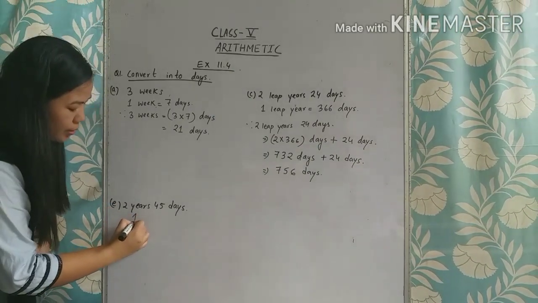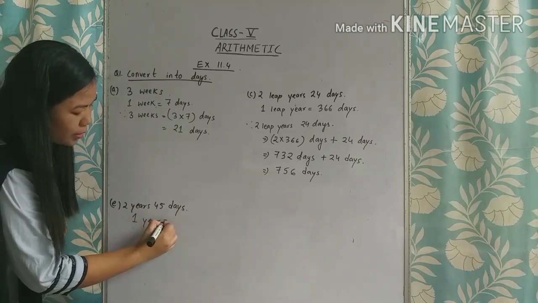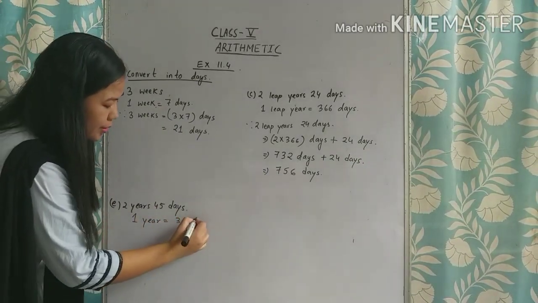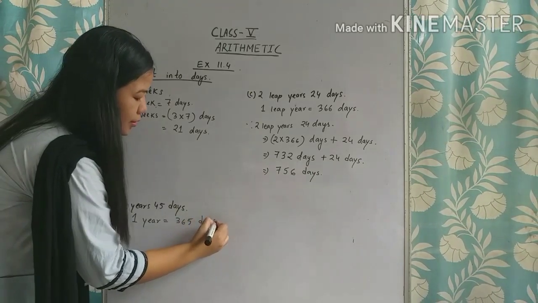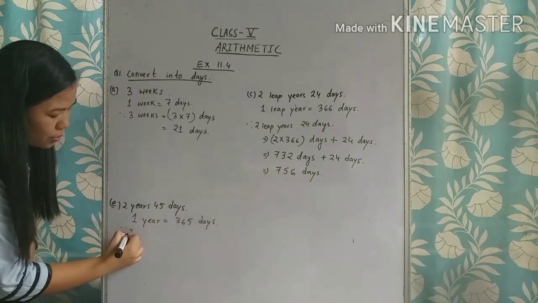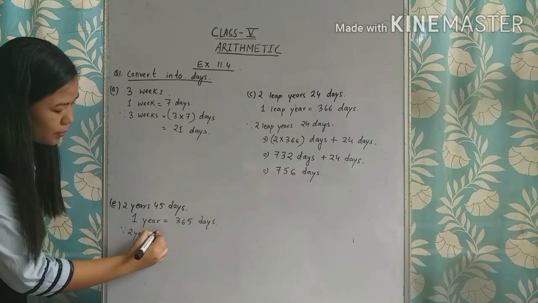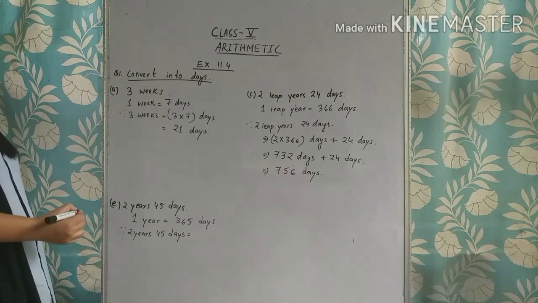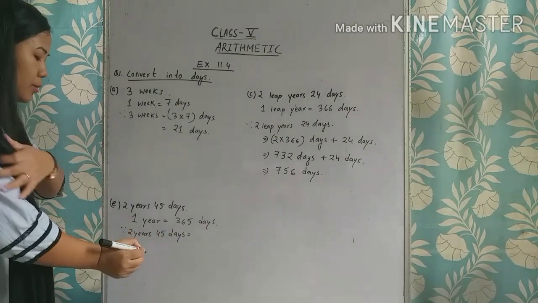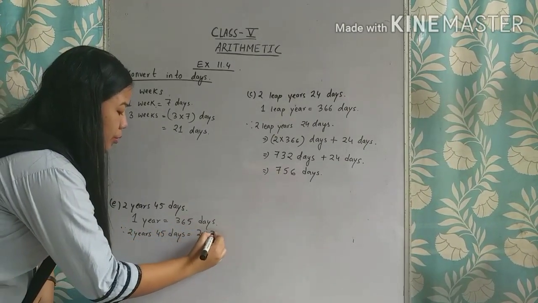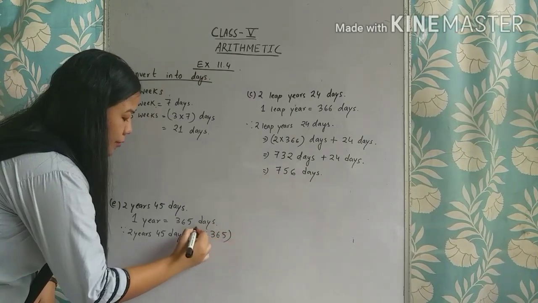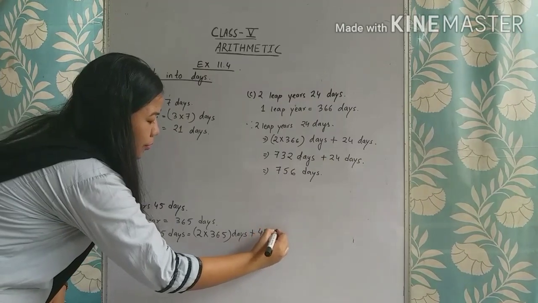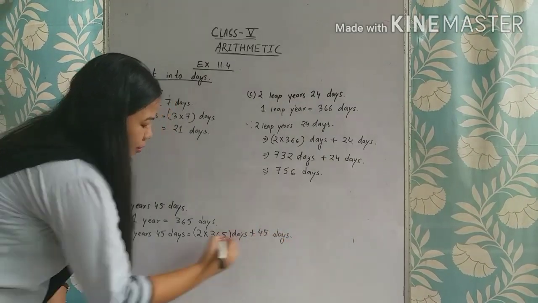Next is 2 years 45 days. So we know that in 1 normal year, we have 365 days. So 2 years 45 days is equal to 2 into 365 days plus 45 days.